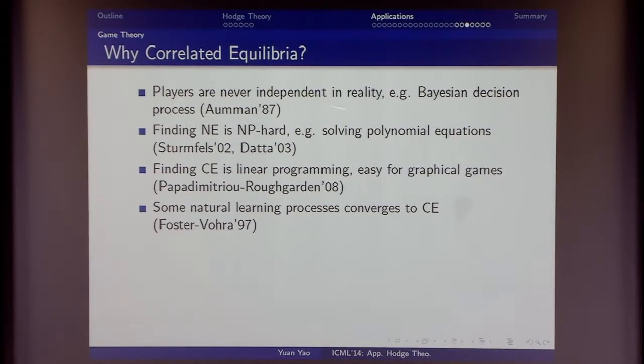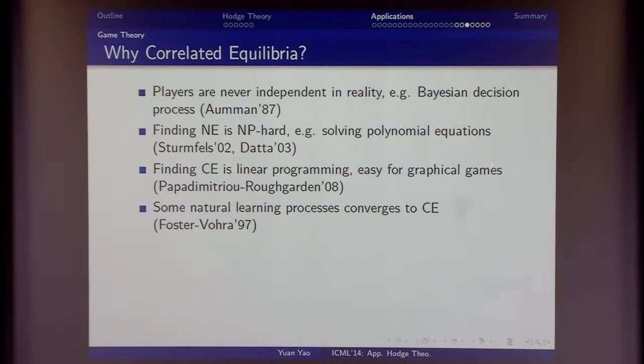So a player's decisions may be influenced by relatives and maybe close friends, and so such a decision process may happen in reality. So he suggests correlated equilibrium may be more suitable to study than the fully independent Nash equilibrium case. But another reason is that finding Nash equilibria is notoriously NP-hard.